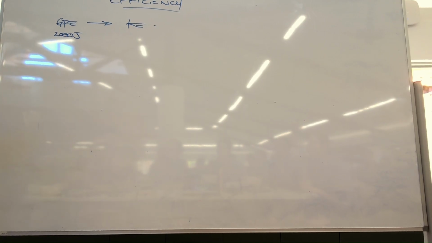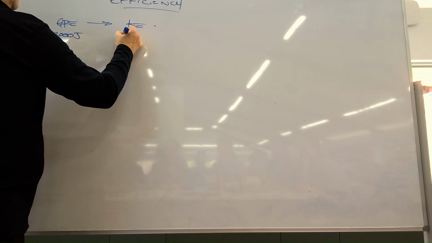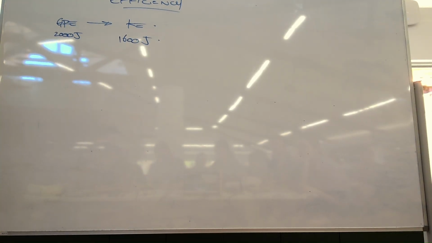And you let it drop, and as it drops, it picks up speed. Now, it would be lovely if we had a 100% conversion of energy, but we don't. Just say over here, this ended up being 1,600 joules of energy. The question is, why isn't there 100% conversion?